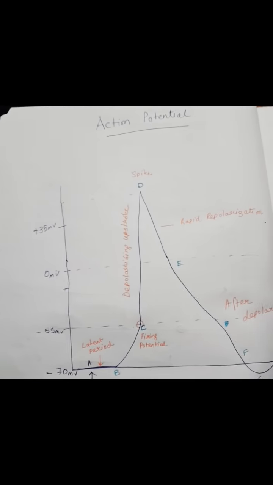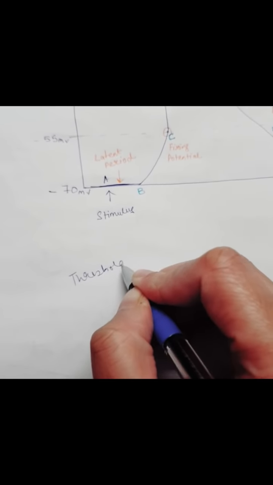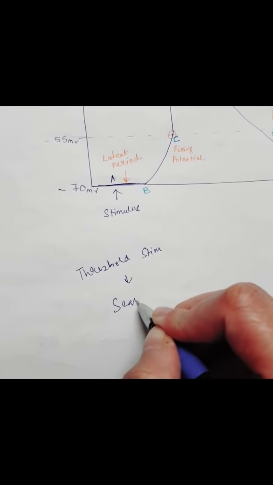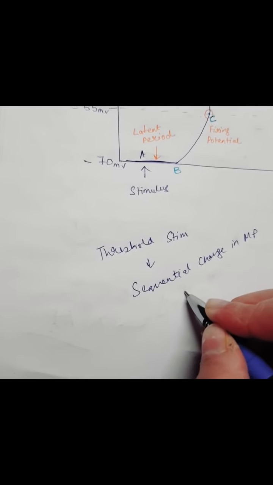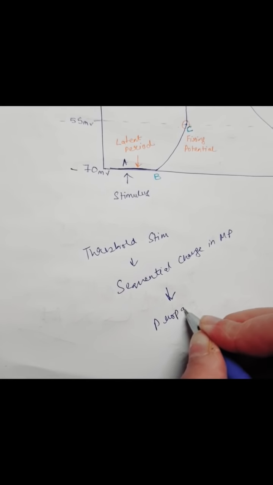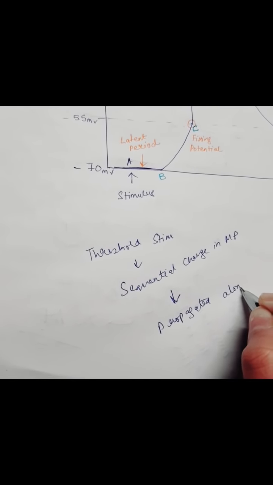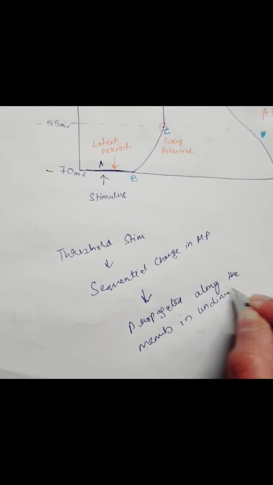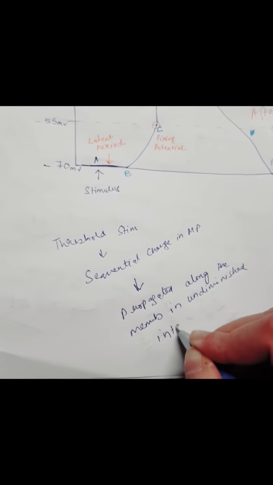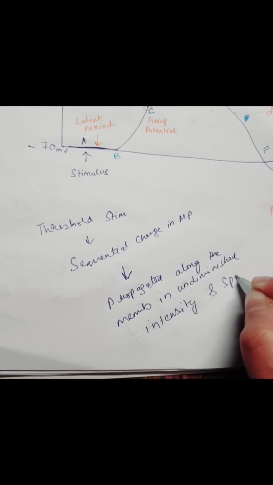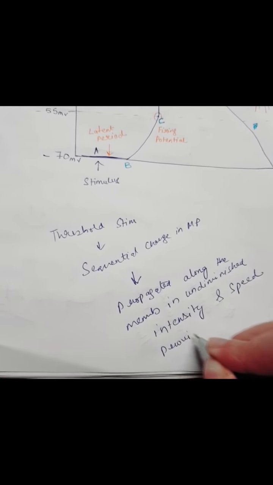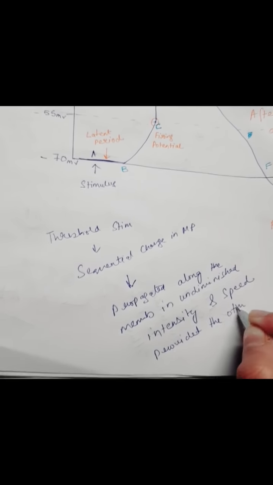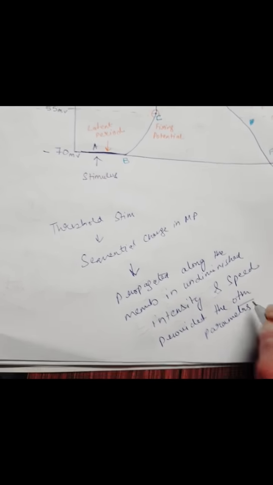So you apply a threshold stimulus, you get a sequential change in membrane potential, and this is propagated along the membrane in undiminished intensity and speed, provided the other parameters remain constant.